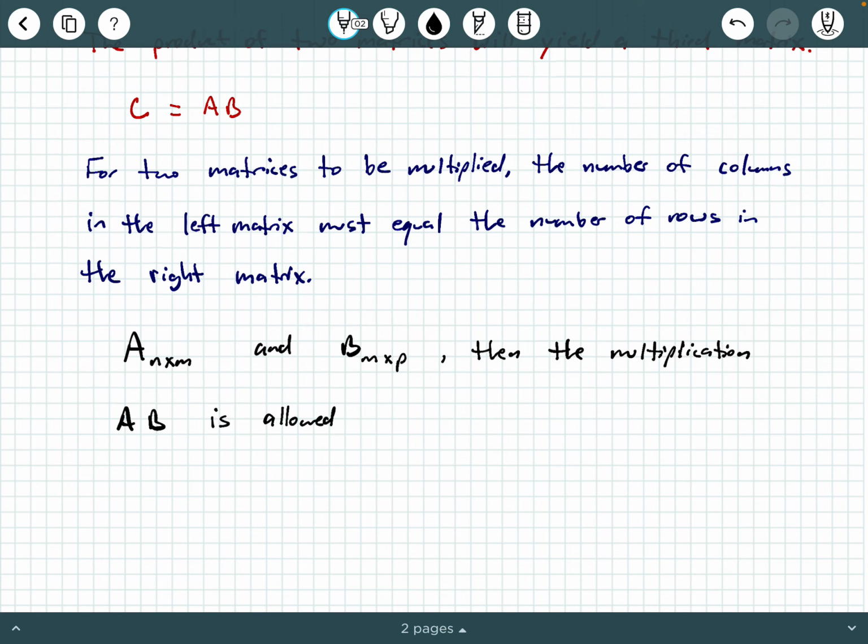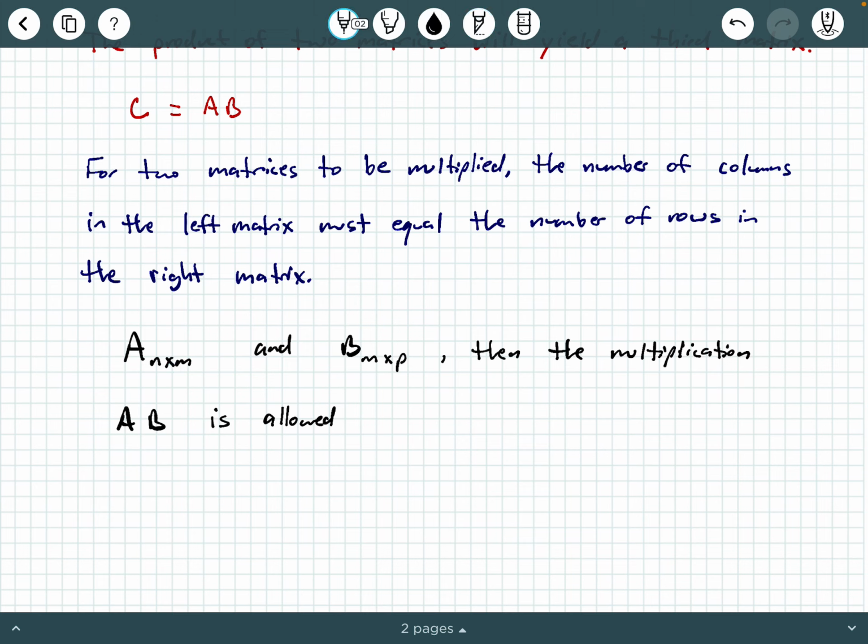And the way we can recognize that is that the number of columns in what would be the left matrix is equal to the number of rows in the right matrix. So remember, whenever you have the size of a matrix, the first subscript is the number of rows, the second subscript is the number of columns.